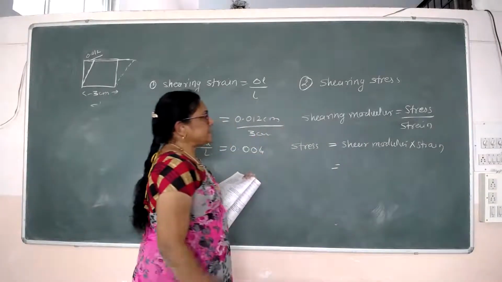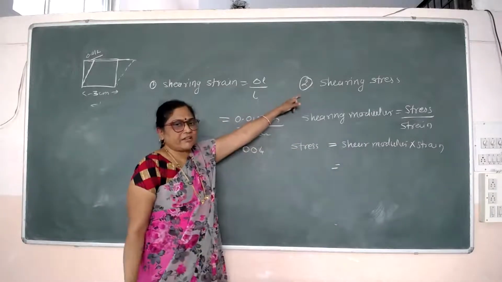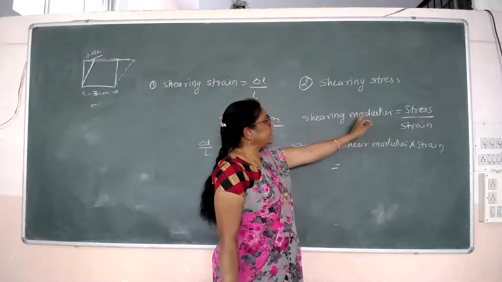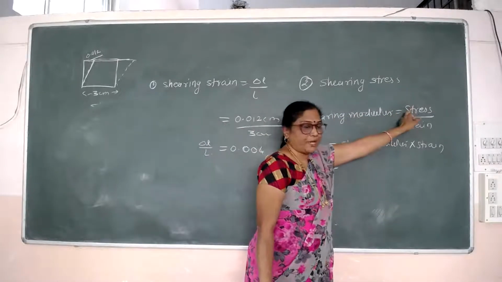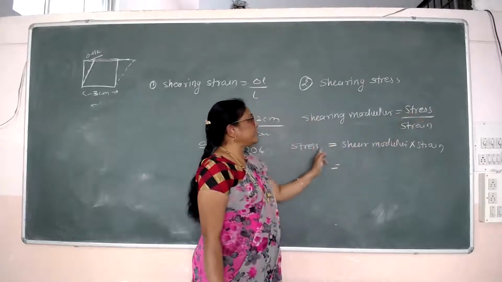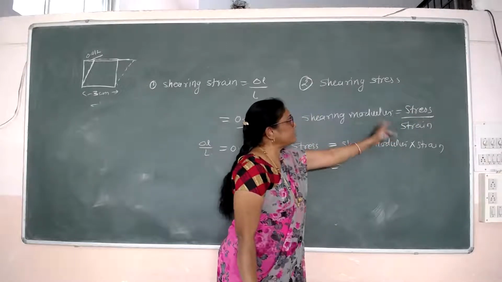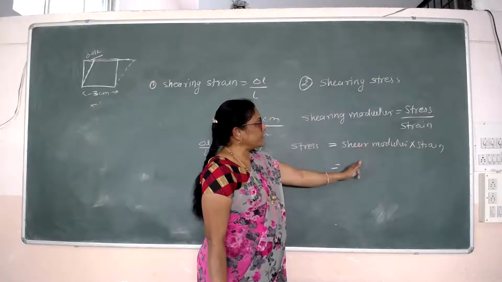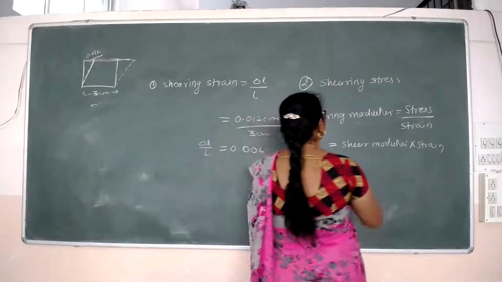So we know that the modulus of elasticity is equal to stress divided by strain. Therefore, stress is equal to shear modulus into strain. Cross multiply this value and substitute.